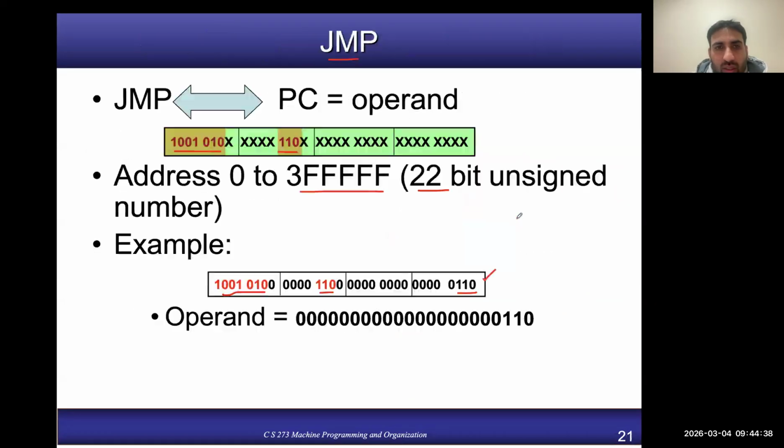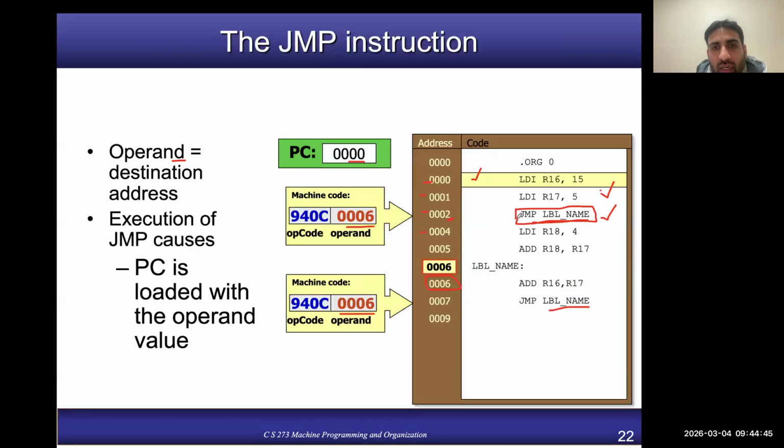Let me go to the previous one. Yeah, so it is supposed to take 4 bytes, right? Why is it taking only 2 bytes here? So there must be some mistake in the addressing, because the jump instruction is 4 bytes in size. Or maybe this addressing is just not realistic. The addressing here is only used to illustrate the example, not the actual addresses. Okay, so don't be worried about that.